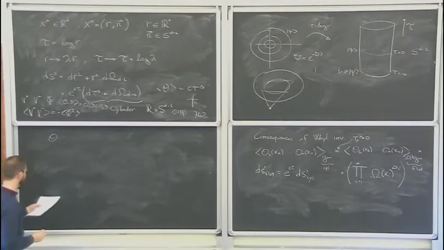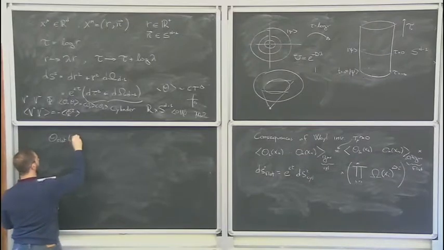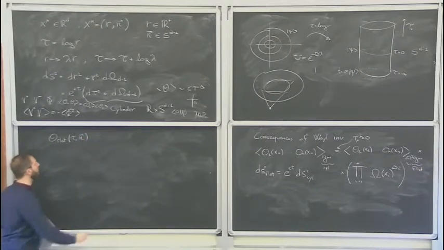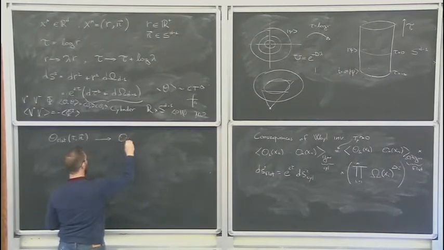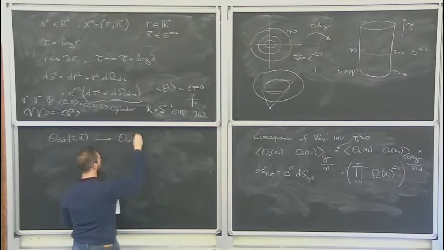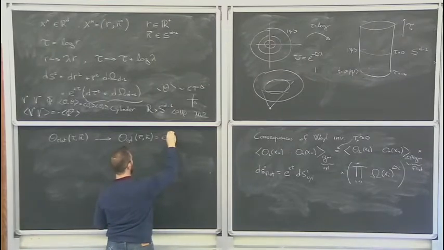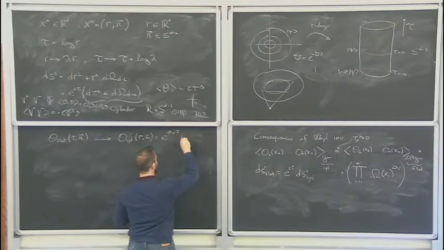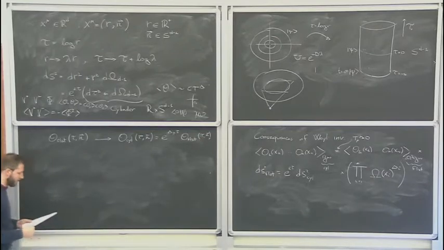Given an operator in flat space, defined at tau_n, I can associate to it an operator O cylinder at tau_n, which is defined to be simply e^(delta tau) times O flat. If you have indices, the same relation holds true.